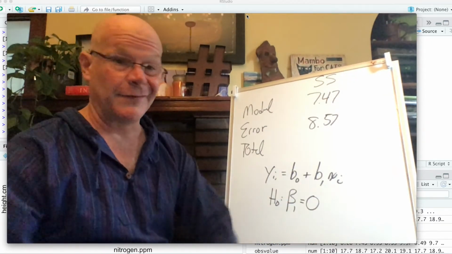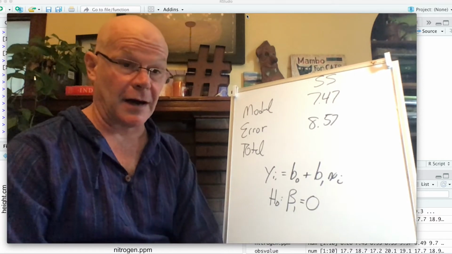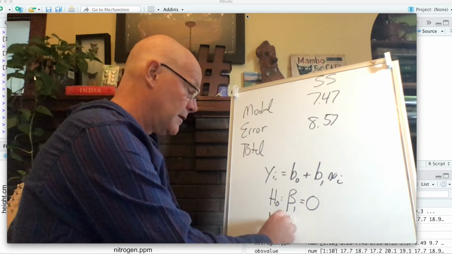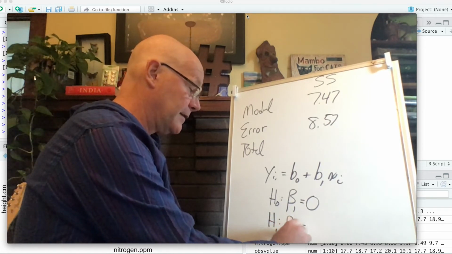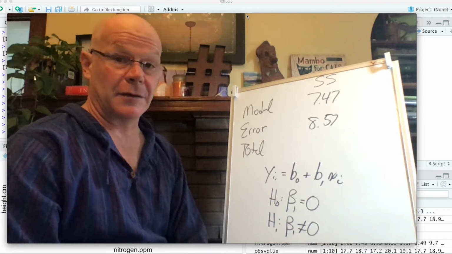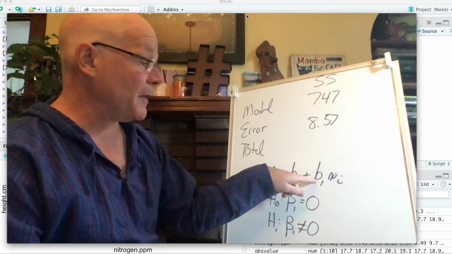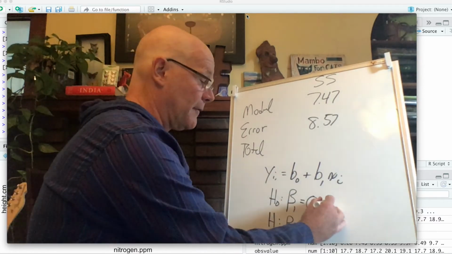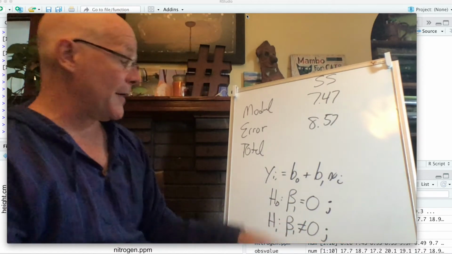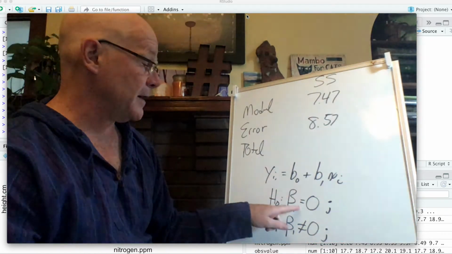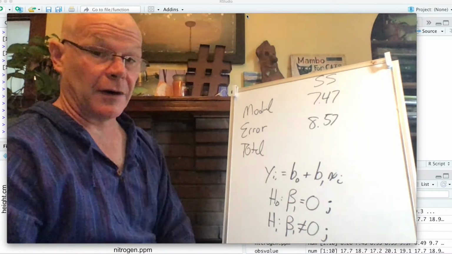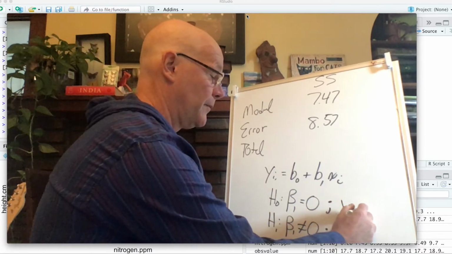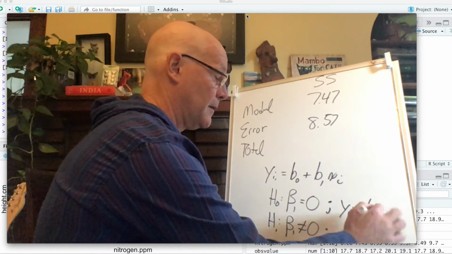So in our case here, nitrogen has no influence whatsoever on growth. Our alternative hypothesis is simply that our slope is not equal to 0. And so again, if we pop in 0 or not 0 into our linear model, the other way of phrasing these exact same hypotheses is simply going to be either the slope is equal to 0, or we could say that our best model, actually let's make that a beta.